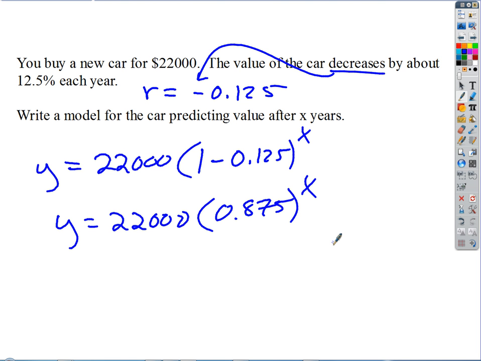Why do you need the one? Okay, good question, why do you need the 1? Because if we want to turn this into a single amount, we got to know that the percent increase or decrease as a decimal is always what is being added to 1. See what I'm saying?